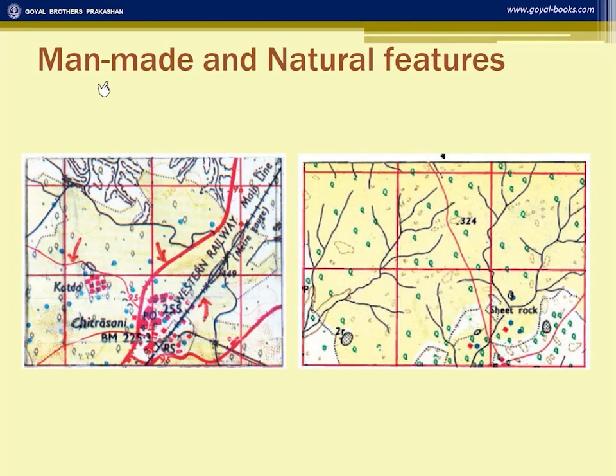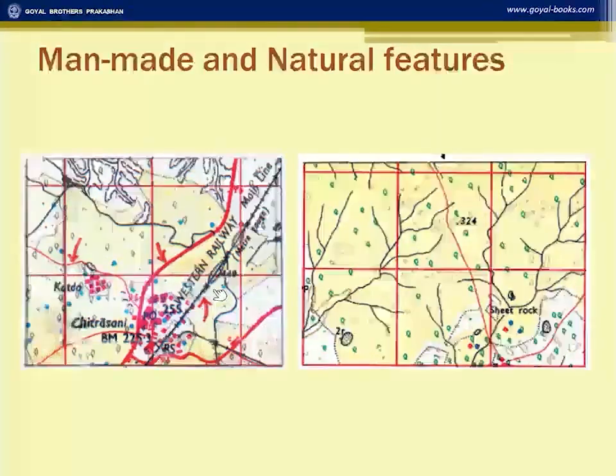It cannot be man-made. But on the other hand, the metal road, the permanent huts, and the railway line, meter gauge, and all this shows that these are post office, etc. They are man-made features because they cannot be formed naturally.